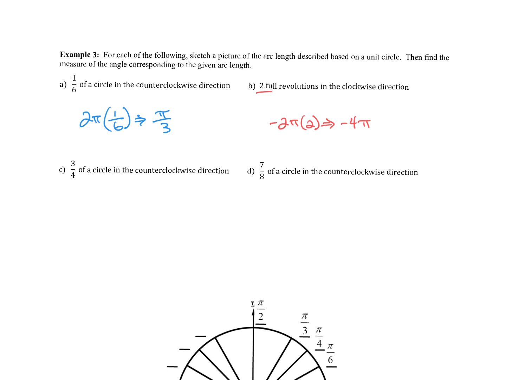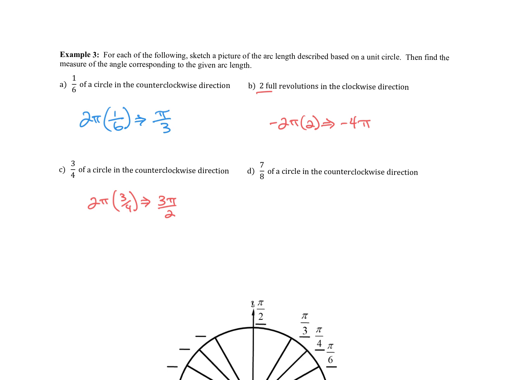Let's look at the next one. It's 3/4 the way around my circle in the clockwise direction. Again, an entire circle is 2 pi, and we multiply this one by 3/4. So 3/4 around my circle is 3 pi over 2. Now let's do 7/8 of the way around my circle.